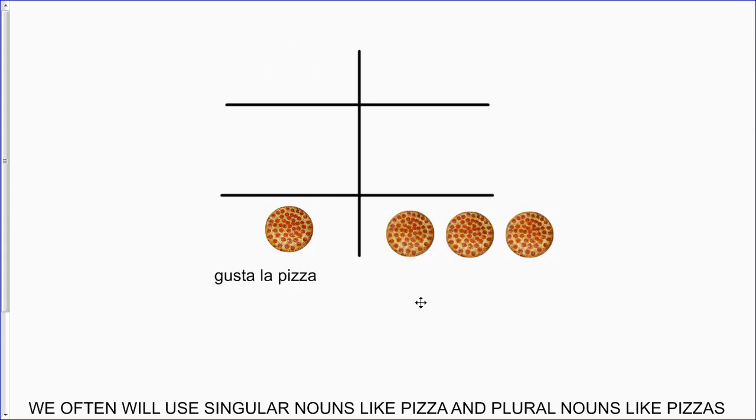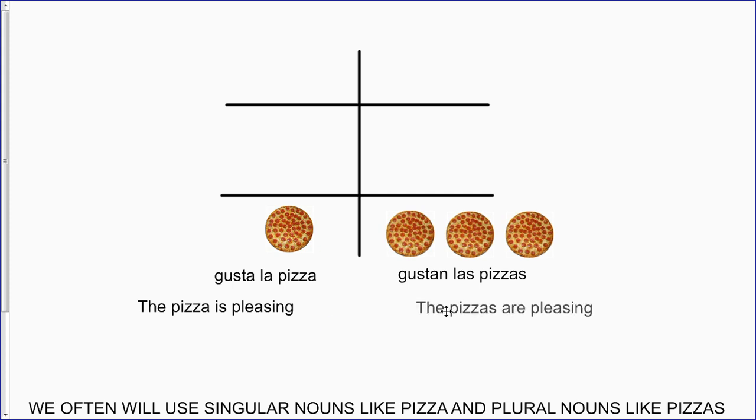Gusta la pizza. And when it's plural, it needs to be gustan las pizzas. That means the pizza is pleasing or the pizzas are pleasing. So the reason we're going to really focus on these 2, gusta and gustan, is because we're going to be talking about objects a lot. So any singular object could go here, like pizza, remote control, chair, shoe, or many plural objects can go here, like video games, pizzas, sabers, tennis balls, anything that's plural can go here.